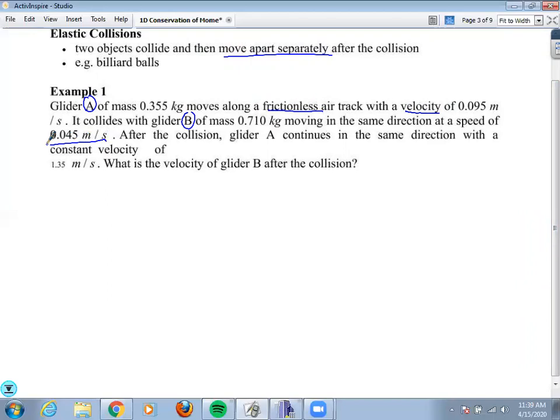After they collide, glider A has a velocity, and we want to find the velocity of glider B after the collision. So we want to find v2B. That is our unknown. We are going to use the law of conservation of momentum to solve this.